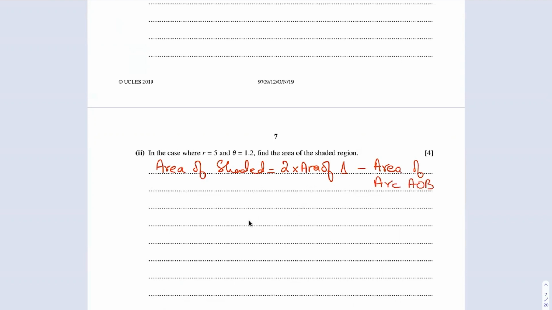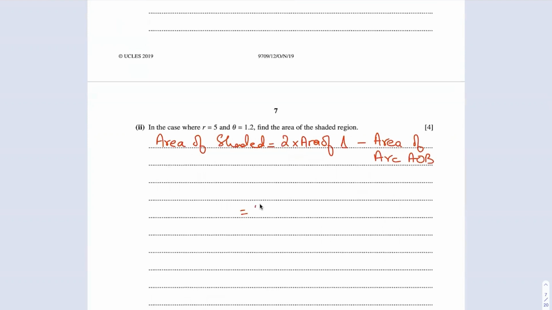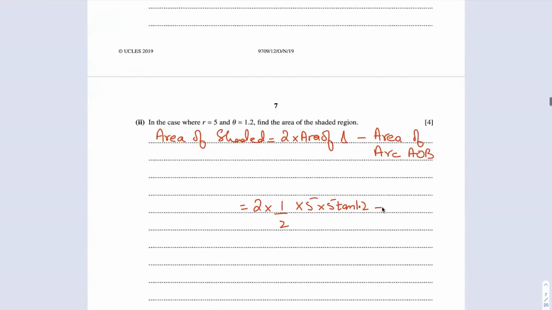Now we know that the area of the triangle would be half into r, which is 5, into r tan theta. So this will be 5 tan of 1.2. We have to make sure that our calculator is in radian mode, minus the area of a sector, which is given by half r squared theta.